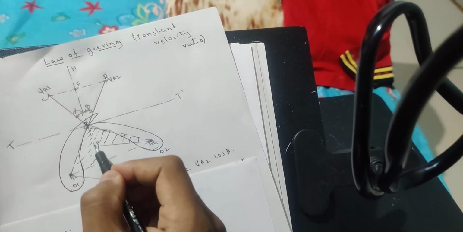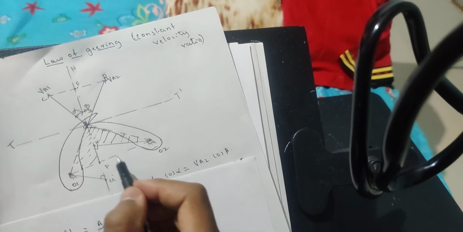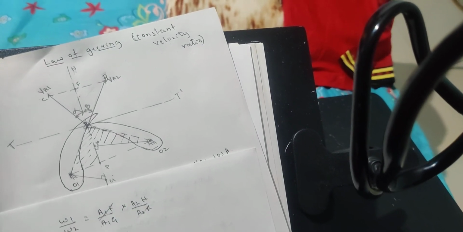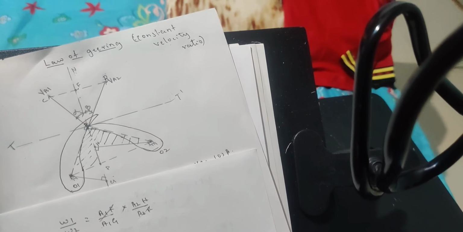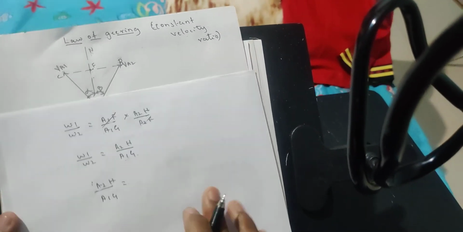For this triangle you have taken A1H upon A1G, so similarly I can write O2H upon O1G. So A2H upon A1G is equal to O2H upon O1G.